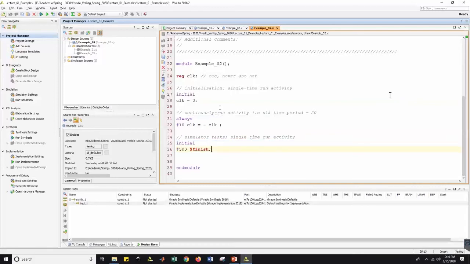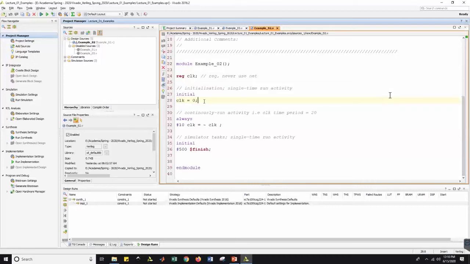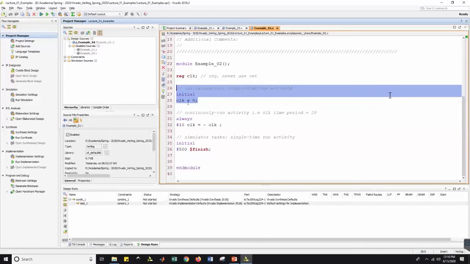Each block, whether it is an initial block or an always block, starts execution at 0. When we don't mention time, it is assumed that t is equal to 0. In this initial block, we are not mentioning any delay, so the starting simulation time is t equals 0.